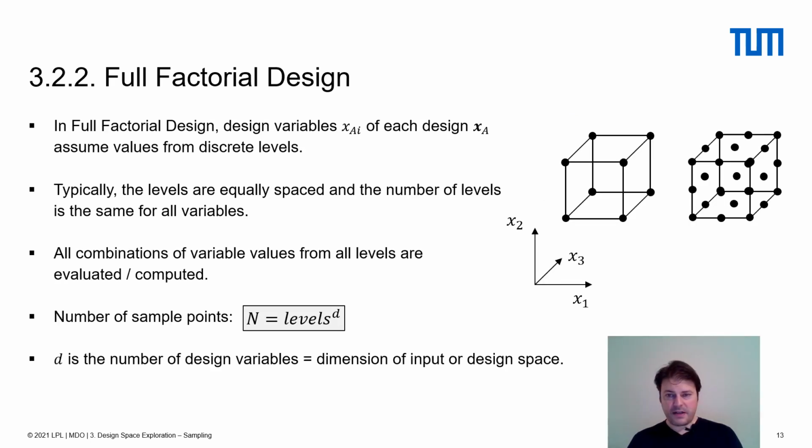So let's start with the first sampling method, or the first design method. It is called a full factorial design, and this is probably the most intuitive approach that one would think of. So what you do is you specify, within your design space, a set of levels.